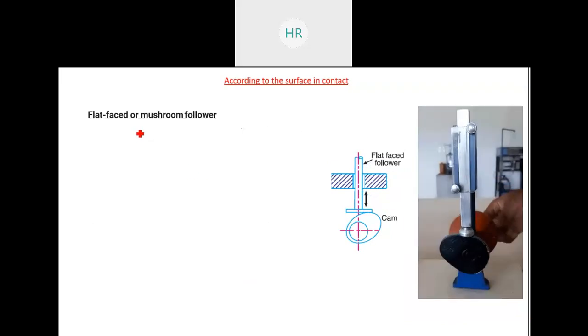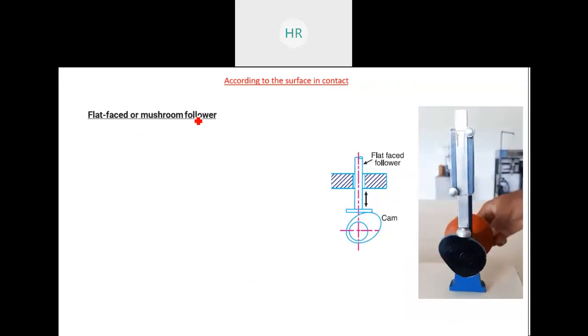Next is the flat faced or mushroom follower.